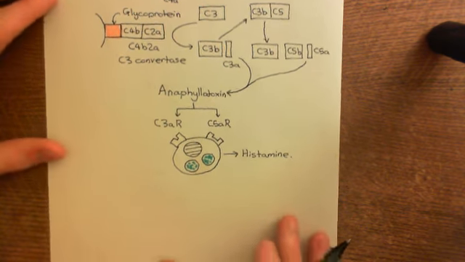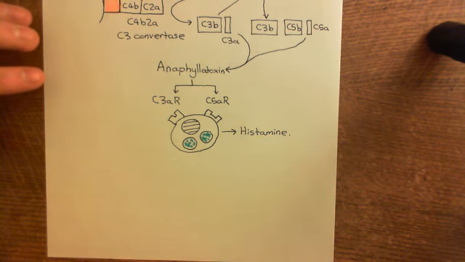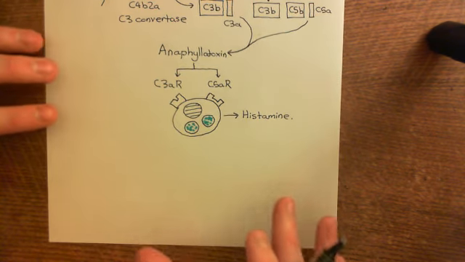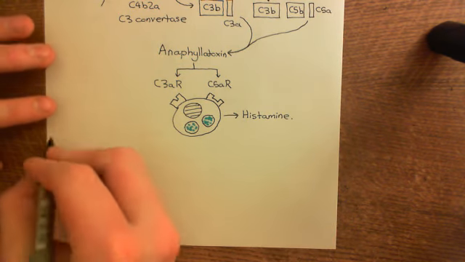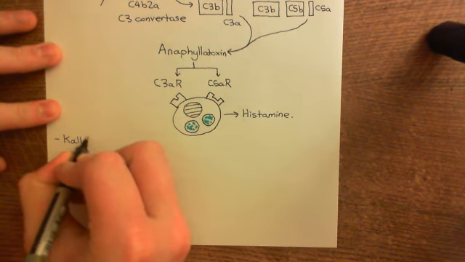Okay, so another thing that's going to happen, basically, when you produce an inflammatory exudate like this, is that you're going to bring in the components of the kallikrein-kinin system. Okay, so next up we've got the kallikrein-kinin system.